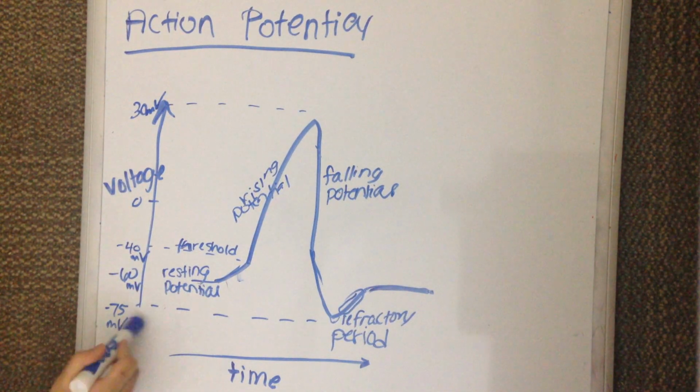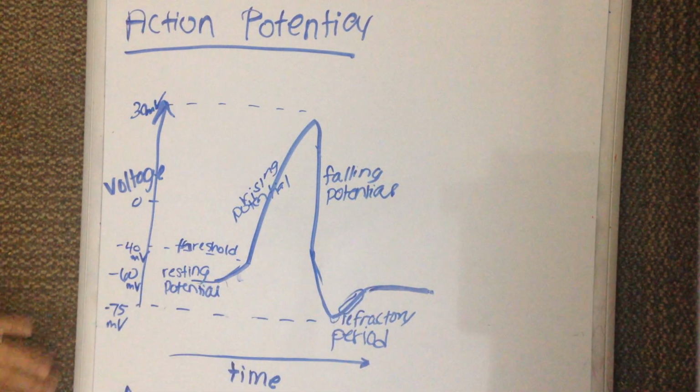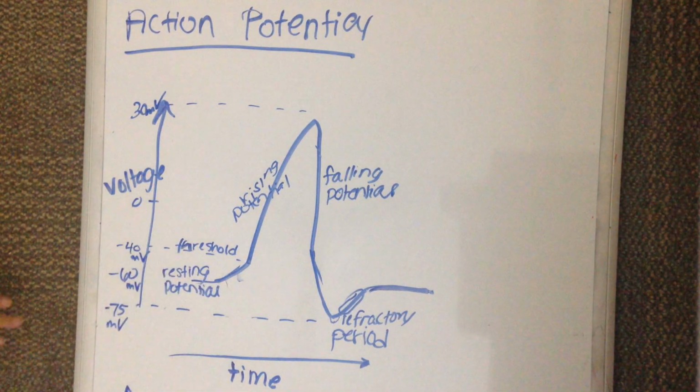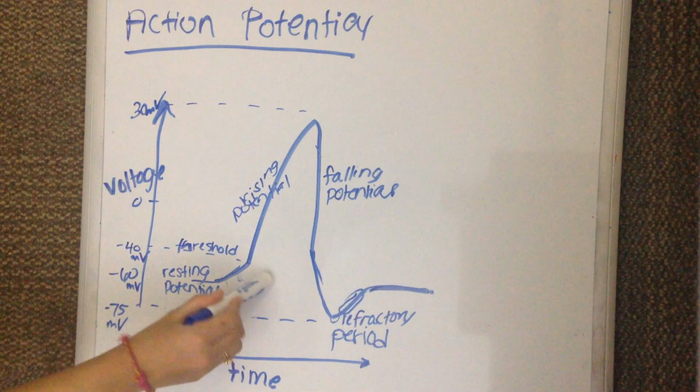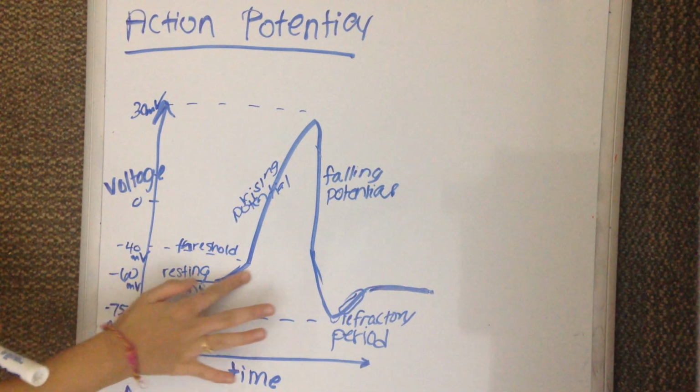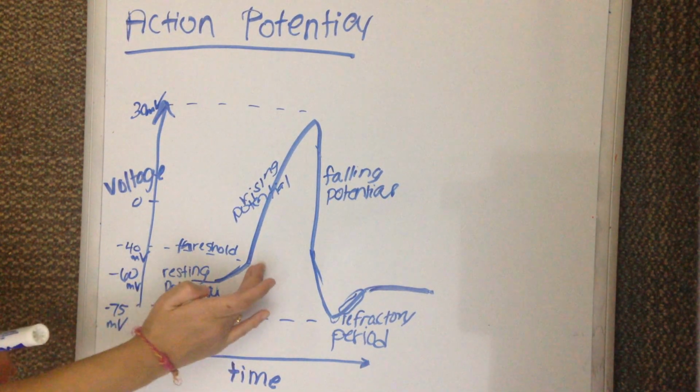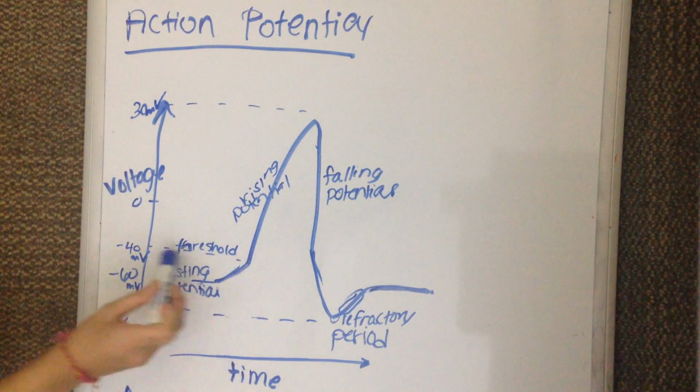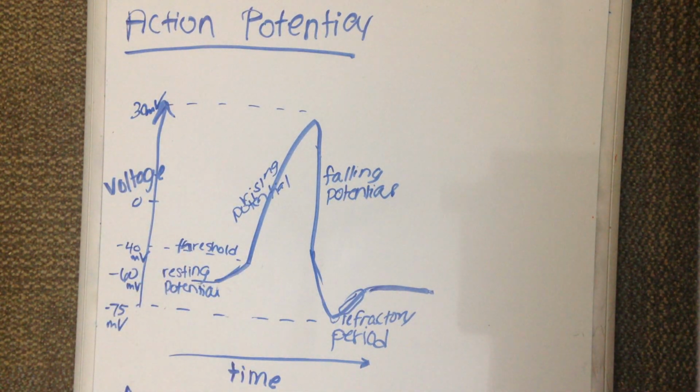Sorry, the x-axis here is time, and on the y-axis you have voltage in millivolts. The resting potential of most cells is around negative 65, though depending on what kind of neuron it is, it can be different. You have this gradual increase, and you have a spike right here once the cell hits this threshold of around negative 40 millivolts, right?